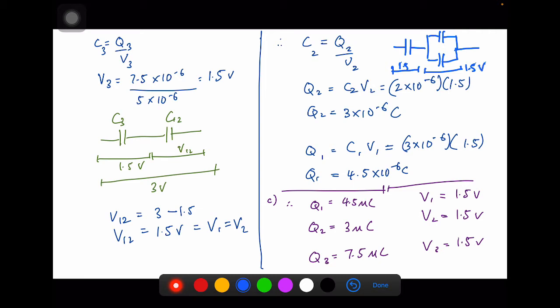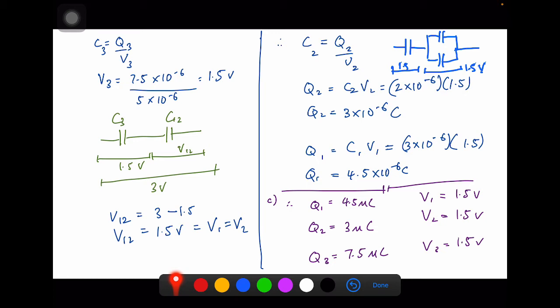Once I have this one, I have V, and the C is given in the question. I can straight away find the charge Q2. I got the Q2, and then once I found that Q2, I can use the same equation and find the Q1. Notice that Q2 and Q1 are 3 and 4.5 microcoulomb.